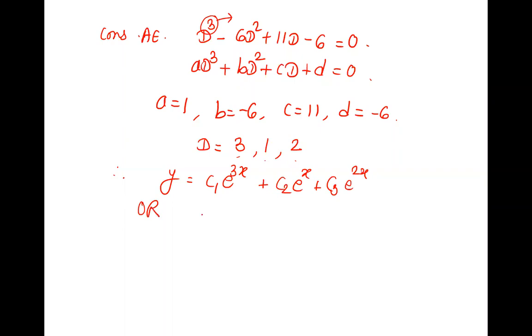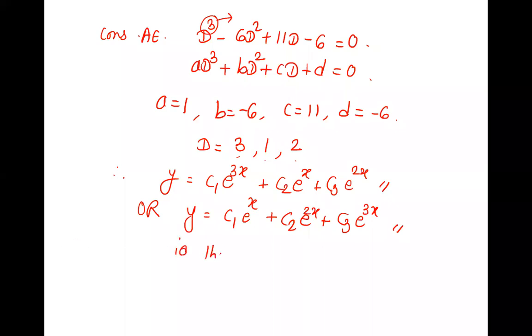Or you can also write y is equal to C1 e raised to 1x plus C2 e raised to 2x plus C3 e raised to 3x. It's up to you to whom you are giving C1, C2, C3. Both are correct. This is the general solution. Done.